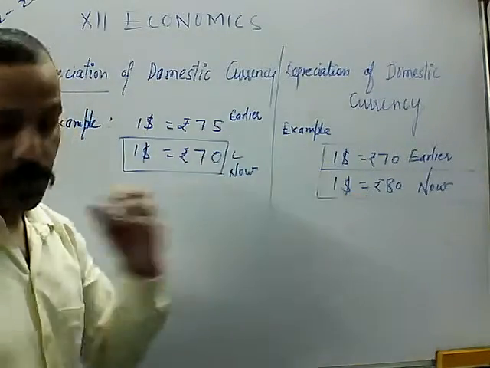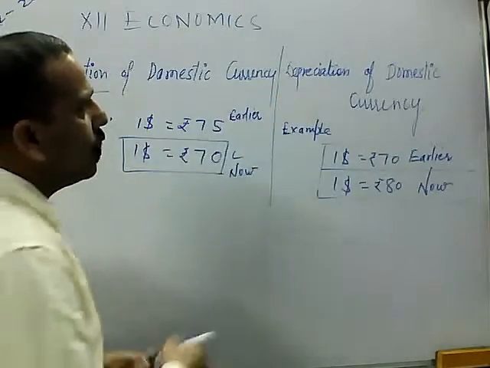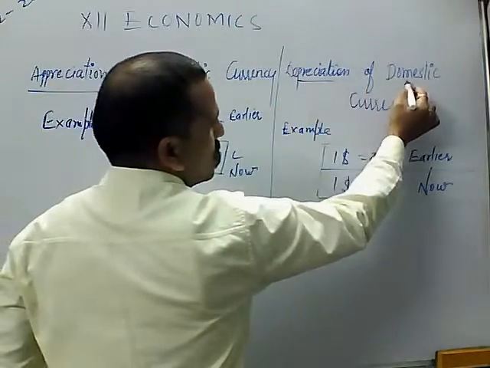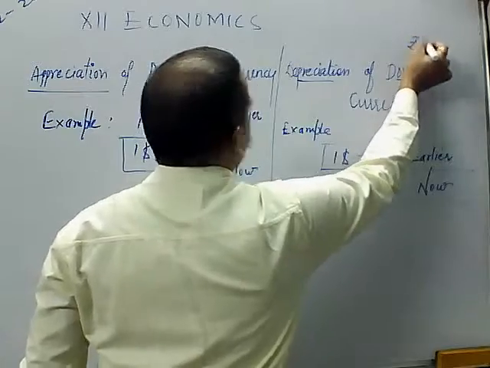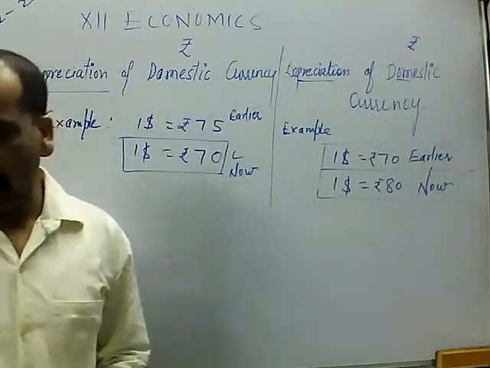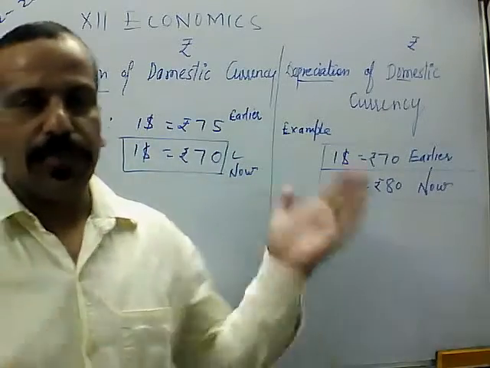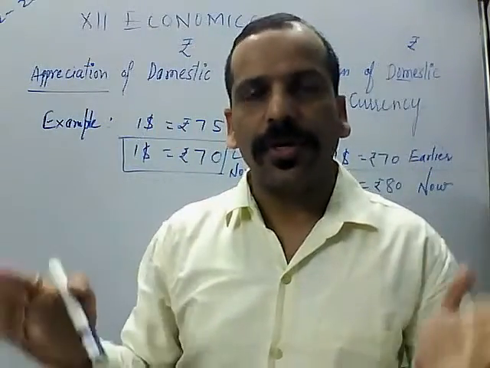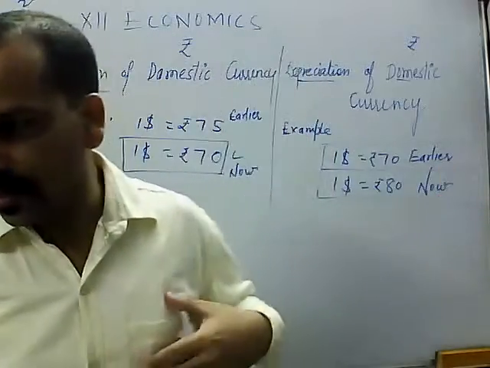So now you are paying more. This is called depreciation of domestic currency. Domestic currency means Indian rupees. Are you getting it? So keep in mind these examples. It will help you understand the topic very easily and quickly.